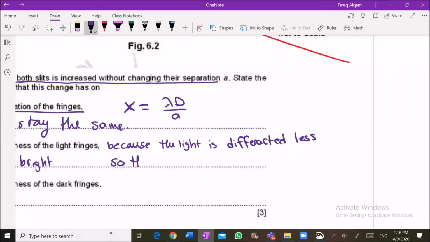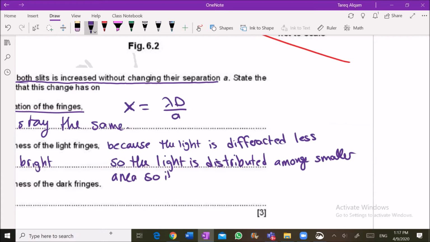أستاذ بالفرنجز قصدهم ال distance between dark and bright regions. Let me, I will answer you. Let me complete. So the light is distributed among a smaller area. So it becomes what?